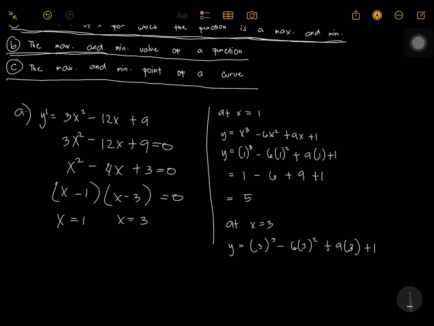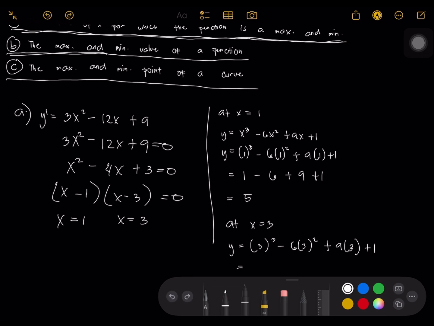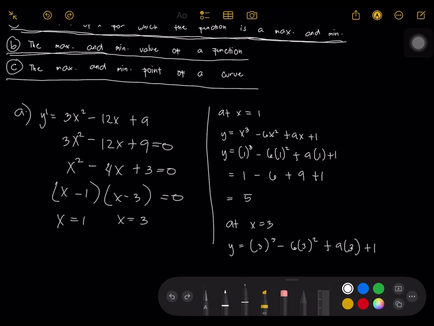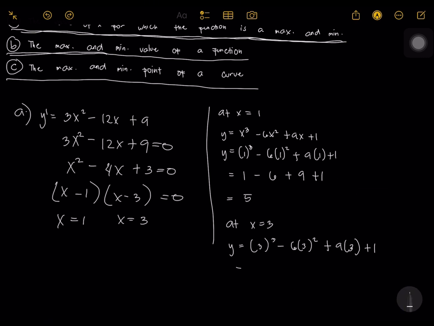So 3 times 3 equals 9, times 3 equals 27, minus 6 times 9 equals 54, plus 27 plus 1. So it's going to be equal to 1.